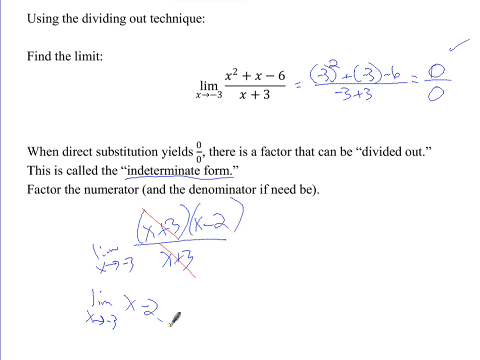Can we take that limit using direct substitution? Yeah, we can. So when we do that, we direct substitute and we get negative 3 minus 2, which is negative 5. So that's the answer.